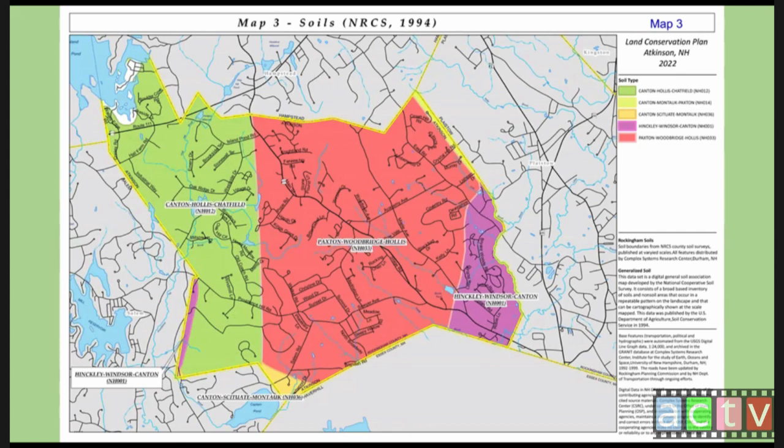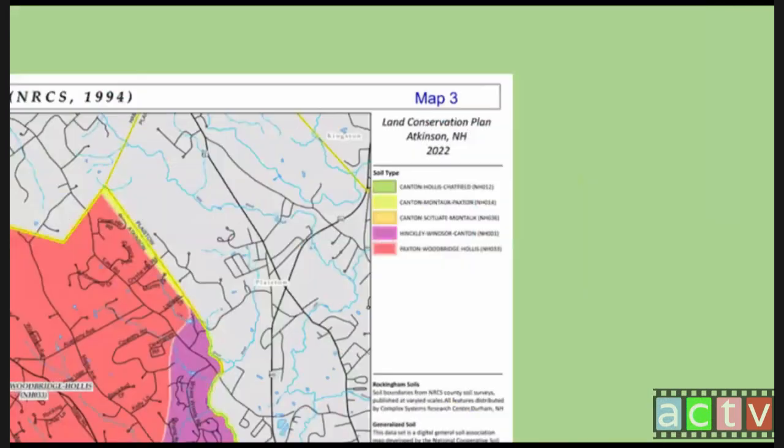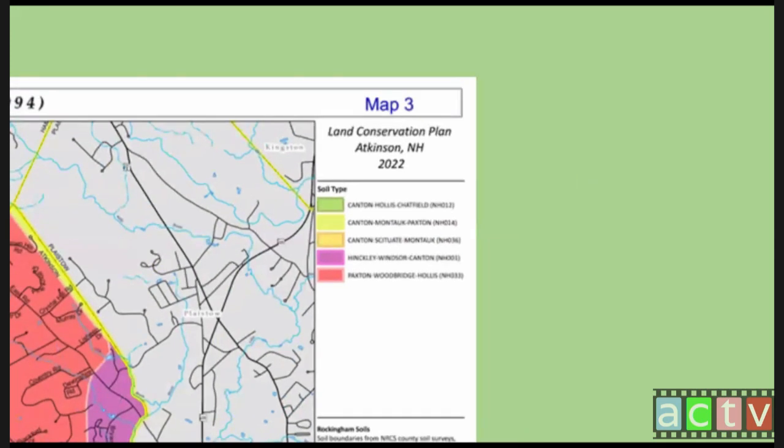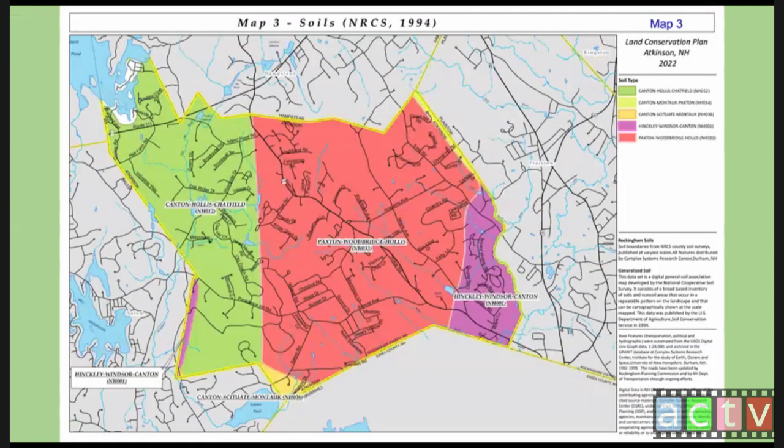Anyway, map number 3 is a soils map. It's a map of the underlying soils types found in Atkinson. The legend for that lists 5 different kinds of soils, each with their own characteristics. One of the odd things about this is you notice the dividing lines are really quite distinct lines.